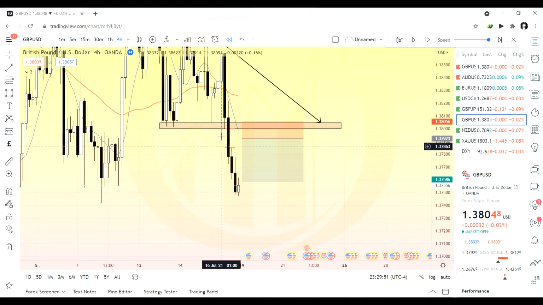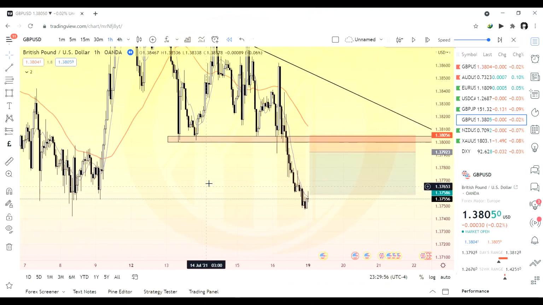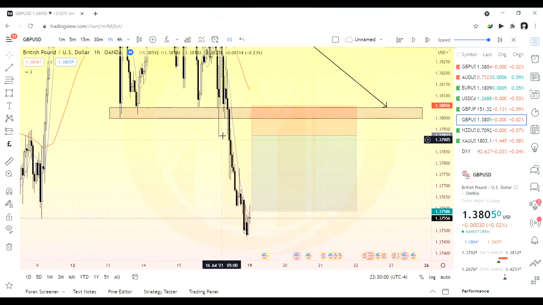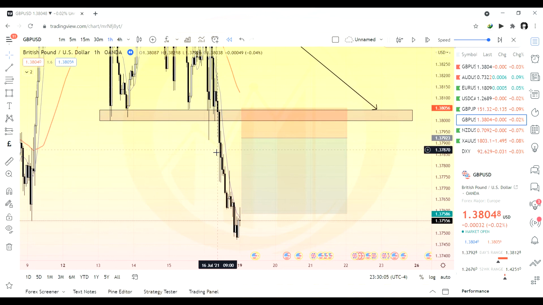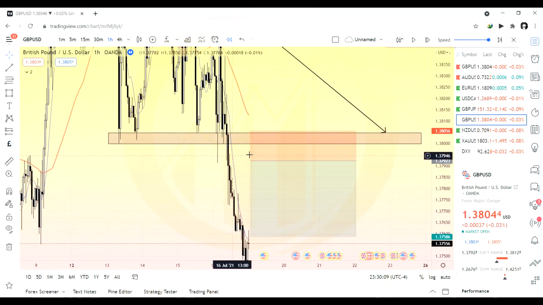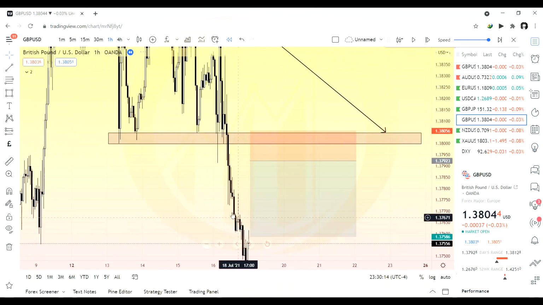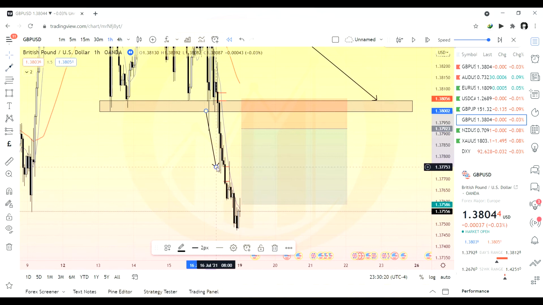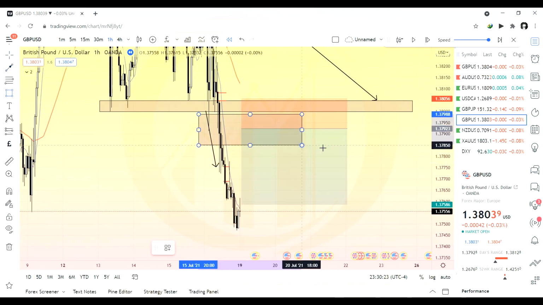So sometimes you could refine these gaps. If I was to go on the 1 hour, right? Typically when you go on a lower time frame, you could see even more gaps. But sometimes it's like this. Your lower time frames may not have the gaps that you're looking for, but overall, there are only sellers in this market on this time frame, and we could see that there were no buyers in this market.